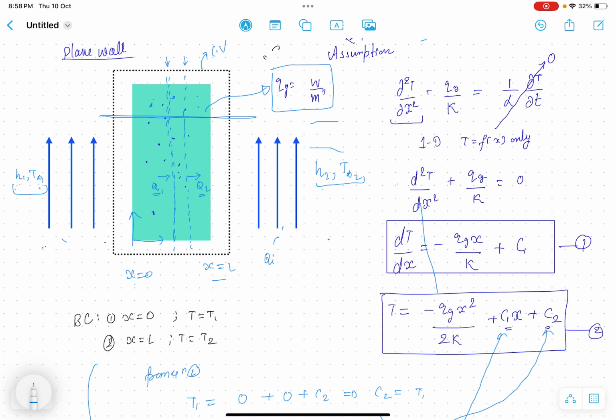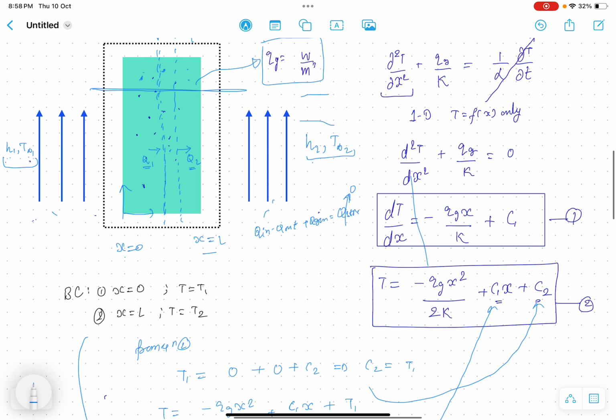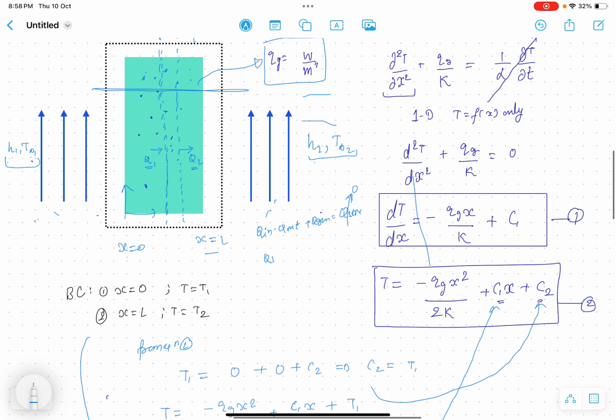So Q in minus Q out plus Q generation is equal to Q stored. Since it is steady state, this term will be 0, because it is present only in case of unsteady state. And Q1 is entering, Q2 is leaving, but some amount of heat is generating between those two sections, which is nothing but Qg times the volume between these two sections. Let's call this volume dV.